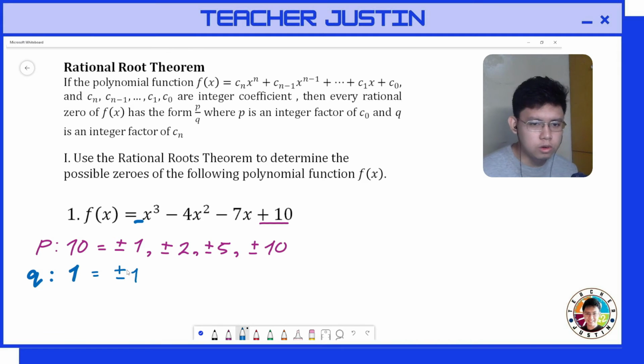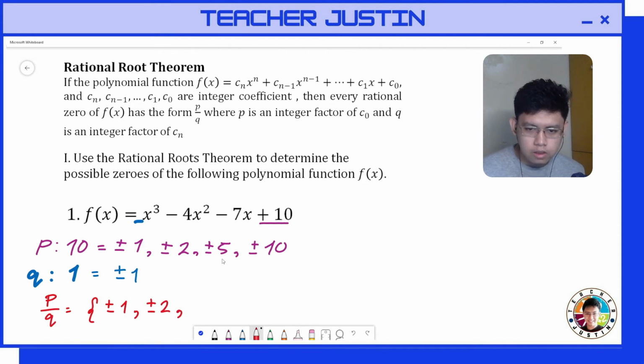Now in order for us to know the possible zeros, we have to divide our p and q and list down all possible values of p over q. So let's list down all possible values. 1 divided by 1 will be positive negative 1. 2 divided by 1 is going to be positive negative 2. 5 divided by 1 is positive negative 5.